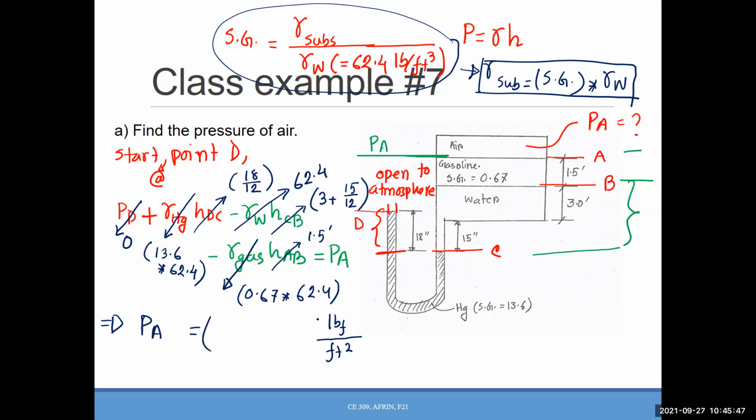Okay, now give me the answer. 945. Okay, I will wait for others to give me some answers, then I will say whether it's correct or not. 945. Anyone else? I also got 945.05. Yes. Okay. So that is the answer.